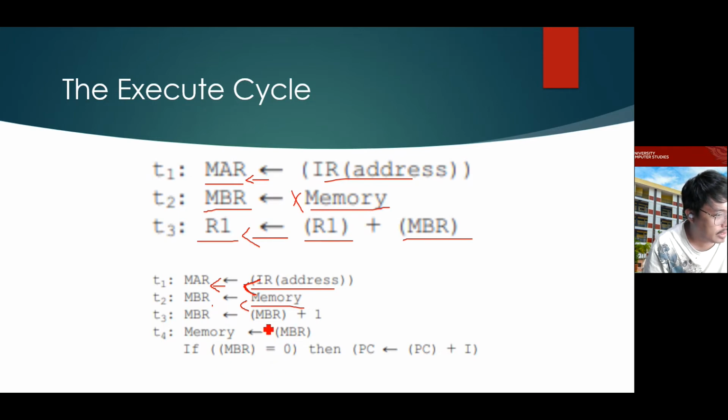After the increment of 1, the value of the MBR will be transferred to the memory. Then once it is transferred to the memory, the value of the MBR will be 0.